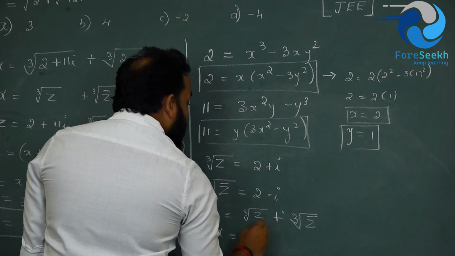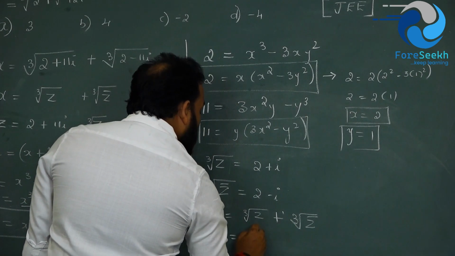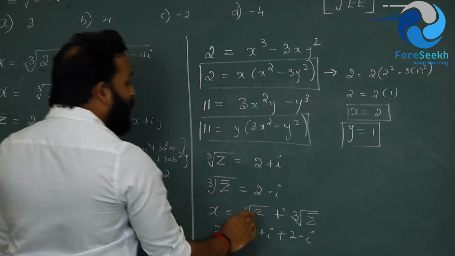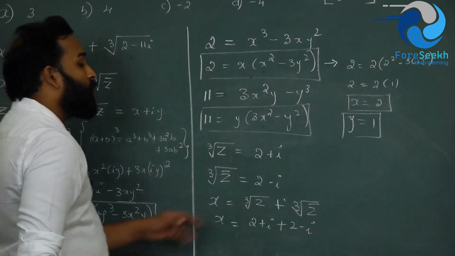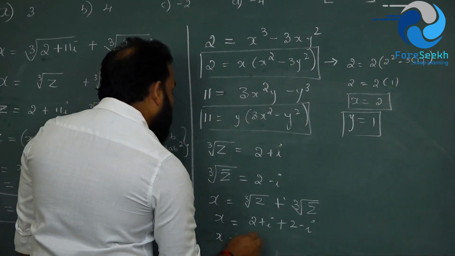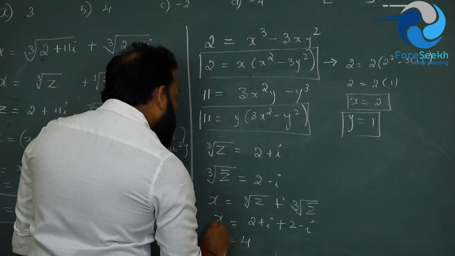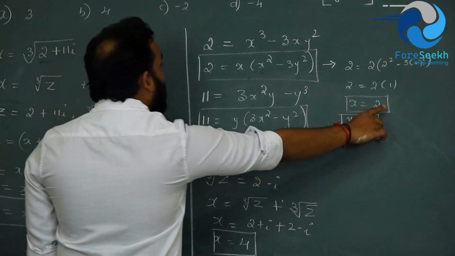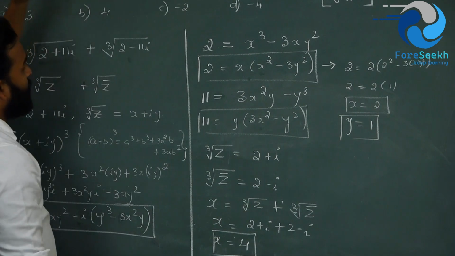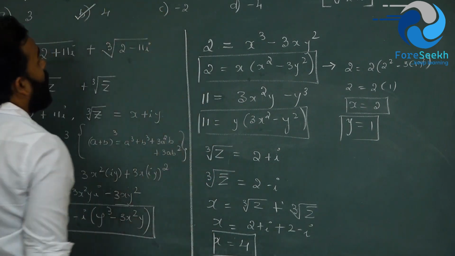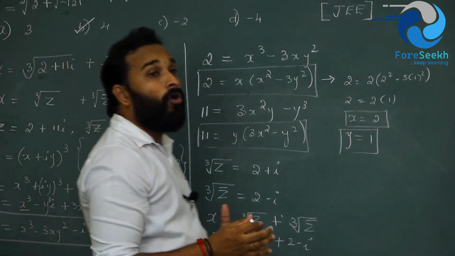And here if you look at this, it will give you the value 2 plus i plus 2 minus i, because cube root of z we got as 2 plus i, so cube root of z bar will be 2 minus i. So I will write it as 4. So 4 is the value of x that you're getting. It is not the x you substituted, it is the x in the question. So don't get confused. What is the value of x we are getting here? It's 4. So this is how we solve.